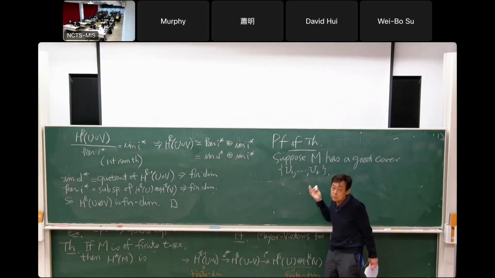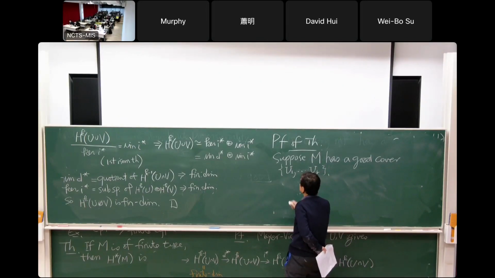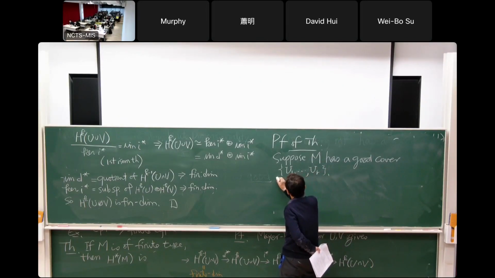For r equal to 1, we know that the cohomology is finite dimensional. Now we're going to prove by induction.